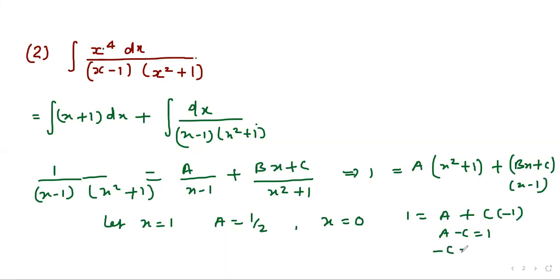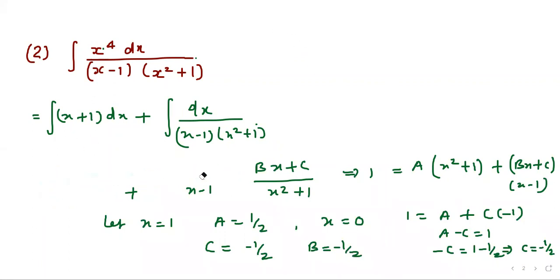So −C equal to 1 − half, so that will give C equal to minus half. Now we take x equal to 2, and then we will get B equal to minus half. So we have got all values.